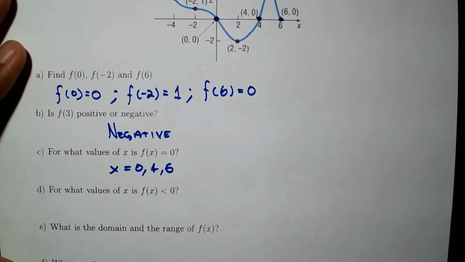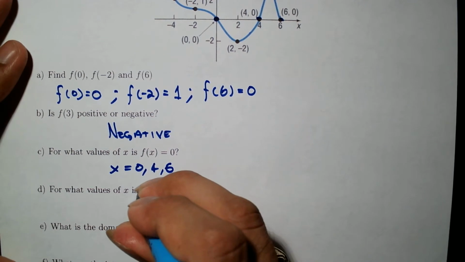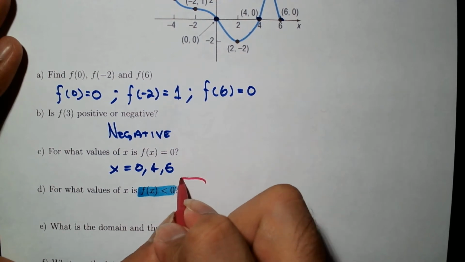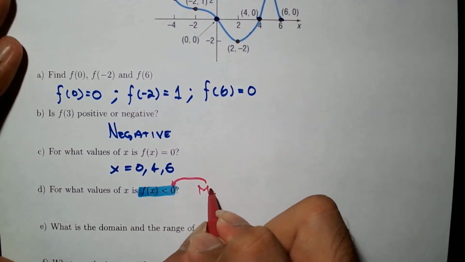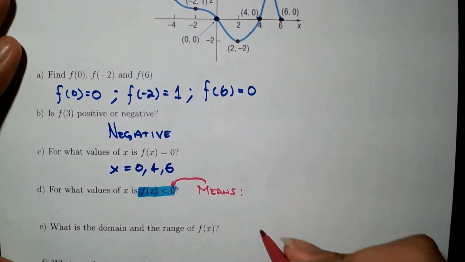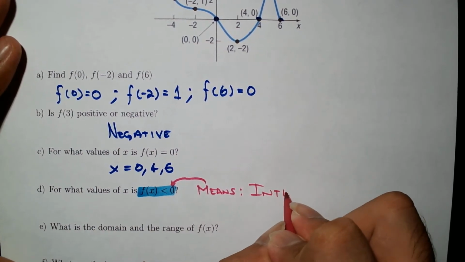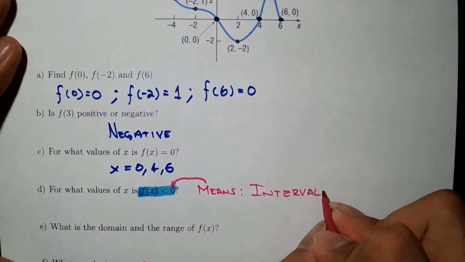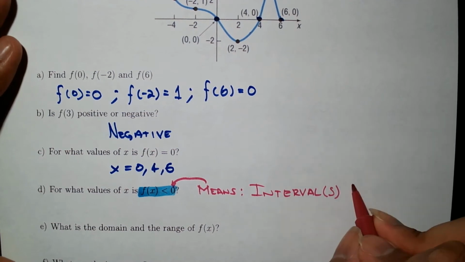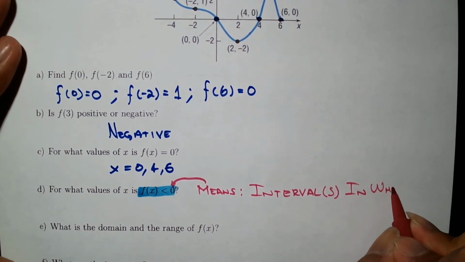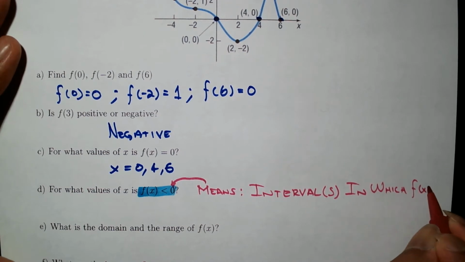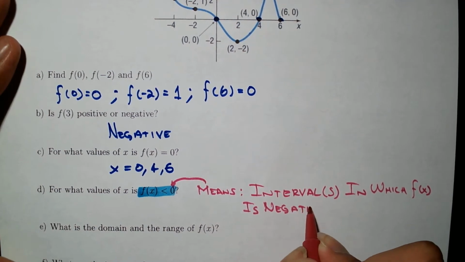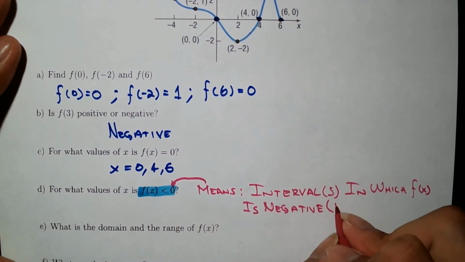Let's see, what does that mean? f less than 0 means the interval or intervals in which f of x is negative, that is, below the x-axis.